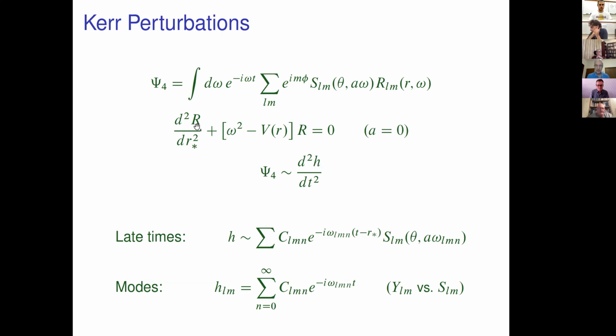Now, at late times, if you look at the solution of this equation, this r star, by the way, is the tortoise coordinate that stretches out the horizon region to go from minus infinity to plus infinity. At late times, you get this form of the solution. The radial factor is just an outgoing wave at large distances, with this particular form and then the angular part.